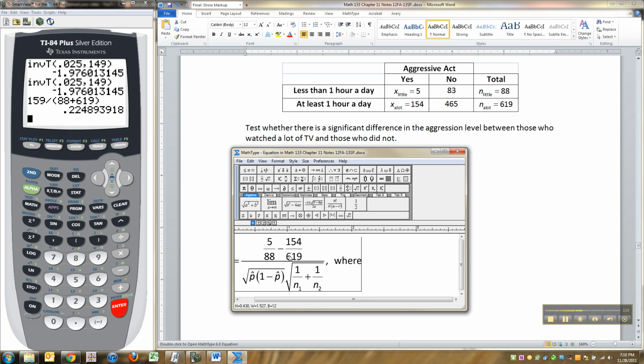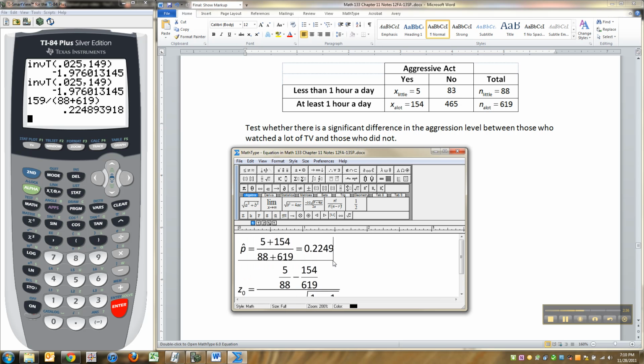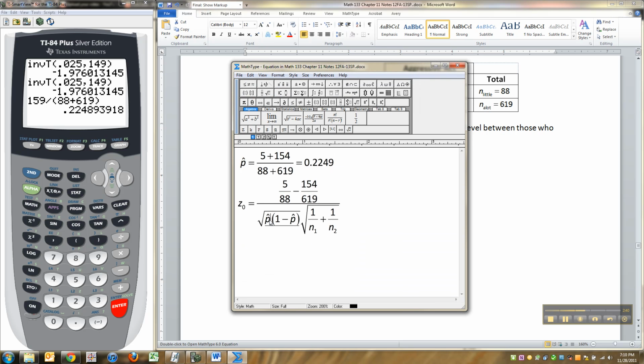Let me put that up first. Now, why do I need that? Because it gets used in the formula itself, right here. So p hat is 0.2249. 1 minus p hat is 1 minus 0.2249. n1 again was 88, and n2 is 619.